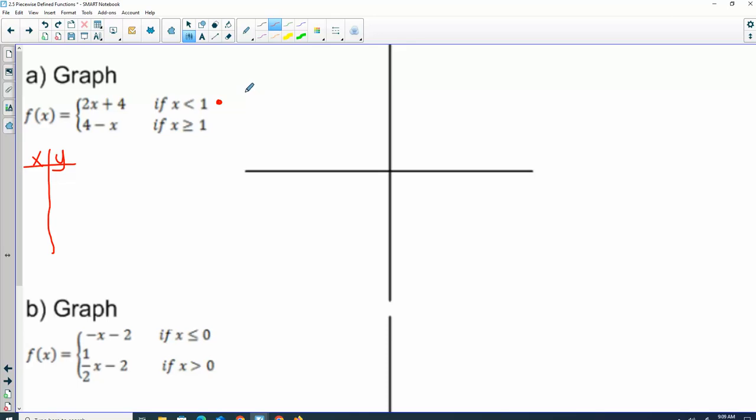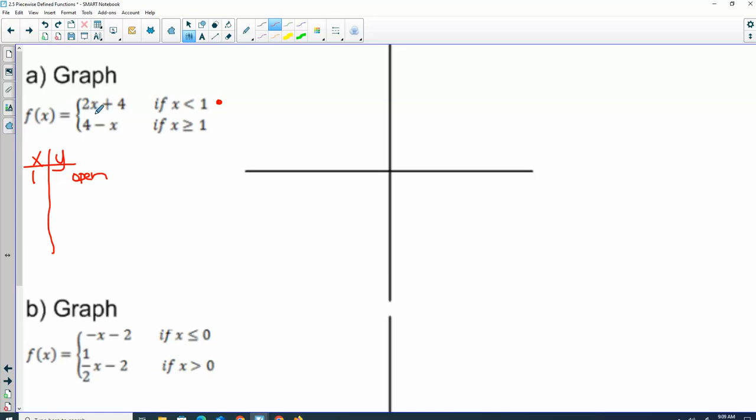Is 0.99 less than 1? 0.999, 0.99999. So it's not like we can plug in the smallest. So what we do is we still plug in that 1. But since it wasn't equal to, what will I have to put on my graph? Yep. So I'm going to make myself a note. At 1, it will be an open circle.